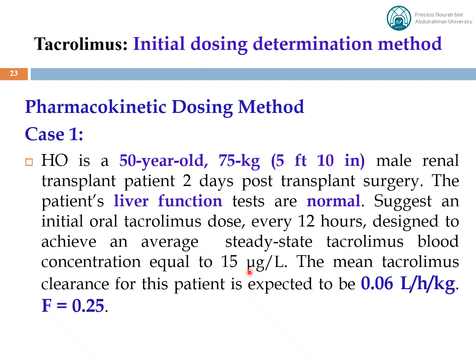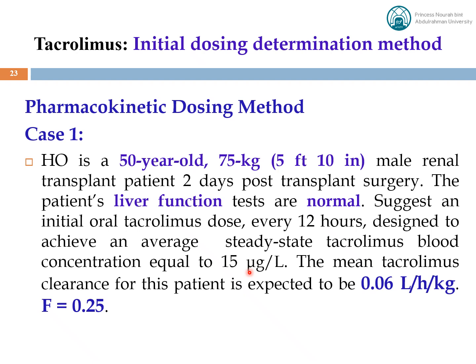If we take the mid-range value, which is 15 nanograms per milliliter, it is equivalent to 15 micrograms per liter. So it's very similar. For this, I am telling you, just take care and consider the units.